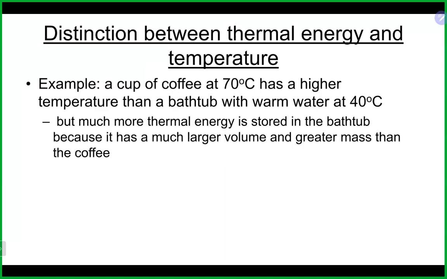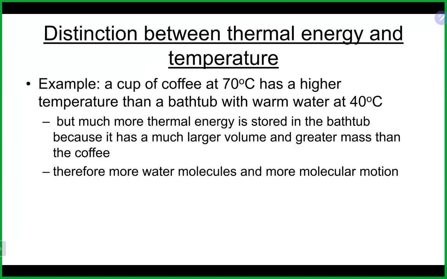So, for example, if you had a cup of coffee at 70 degrees Celsius and a bathtub at 40 degrees Celsius, the bathtub would actually have more thermal energy than the cup of coffee, even though the cup of coffee is hotter in terms of its temperature.